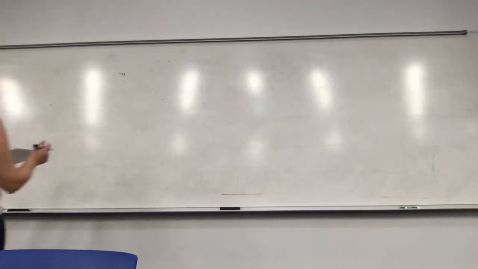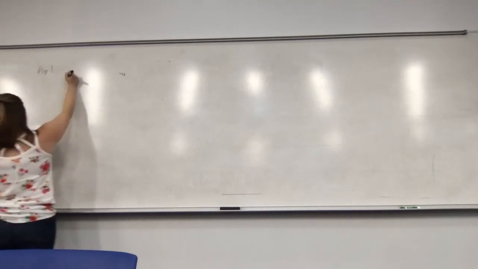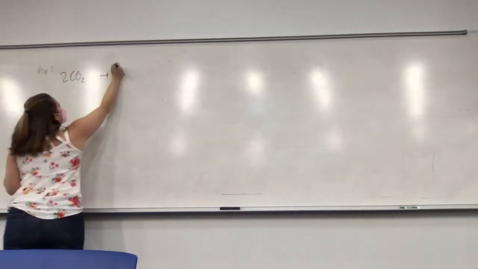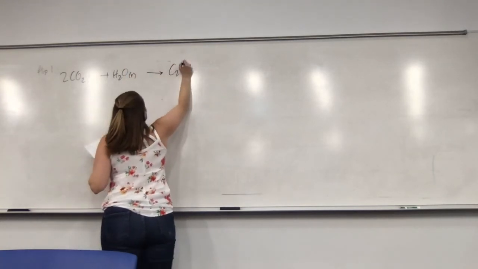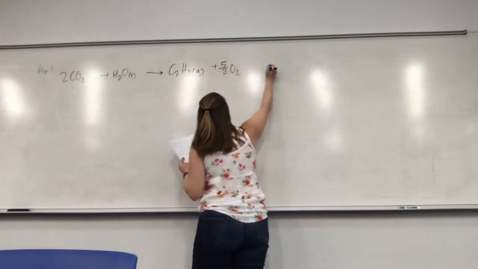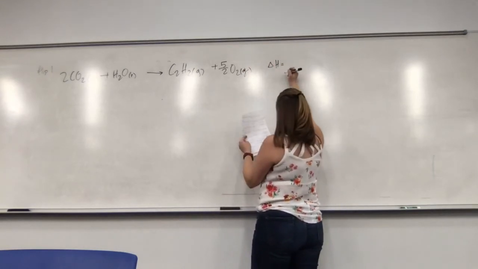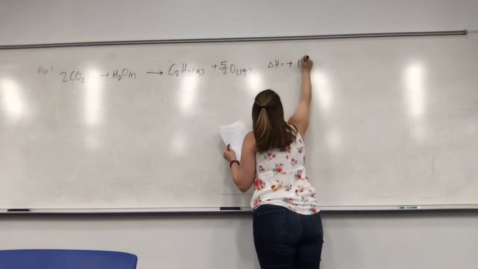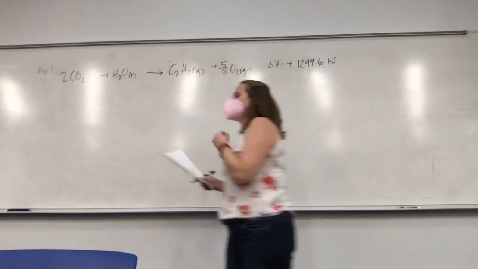So we get 2CO2 gas plus H2O liquid gives C2H2 gas plus 5 halves O2 gas. And our delta H goes from negative 1299.6 to positive 1299.6 kilojoules.